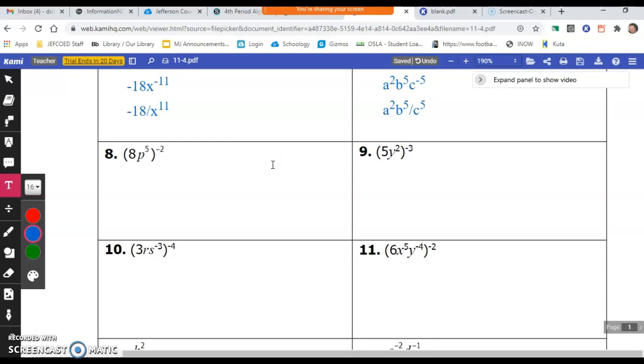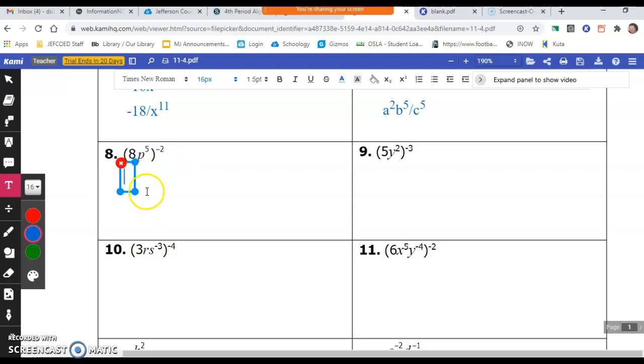Number 8, guys, we've got the power rule in play. What is raised to the negative 2? The 8 and the p to the 5th. So really everything in there. Okay? So now, as I go to write this, guys, I'm going to do this as 2 separate things. So we're really going to have 8 raised to the power of a negative 2.